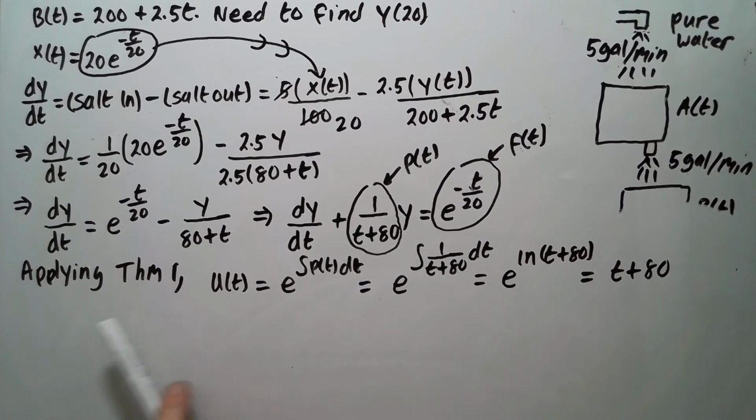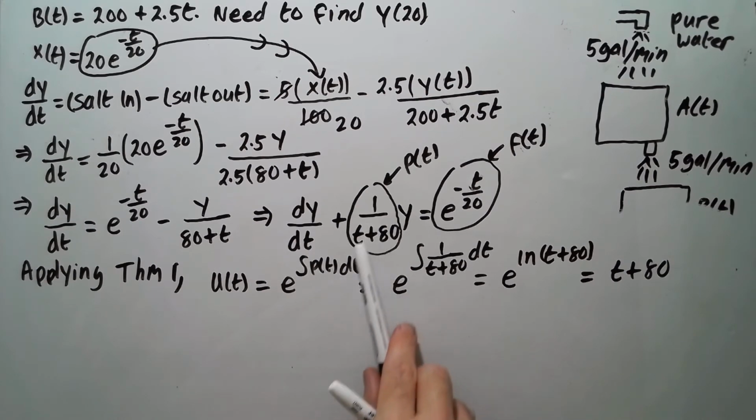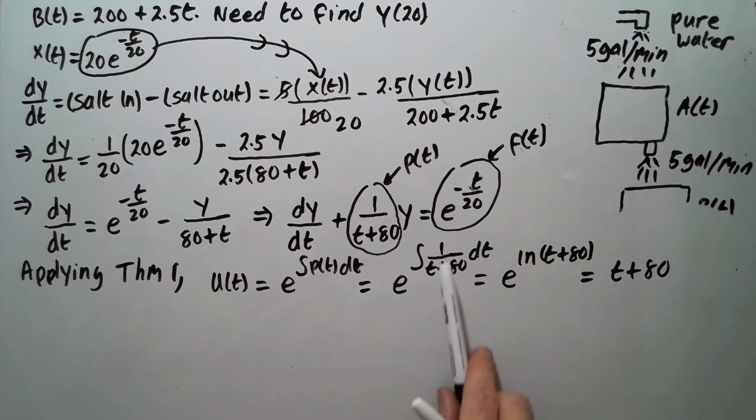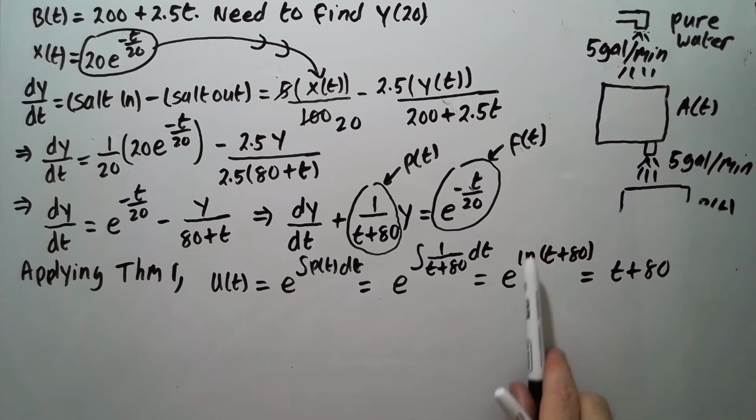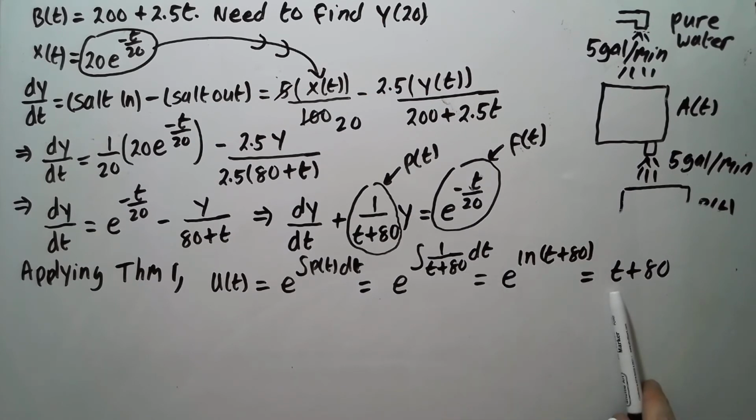So applying theorem 1, we'll have our u of t equals e to the integral of p of t dt. Our p here is 1 over t plus 80. So it'll be e to the integral of 1 over t plus 80 dt. And this, you could use the u substitution, but it's just going to become natural log of t plus 80. It'll cancel here, so it just becomes t plus 80.